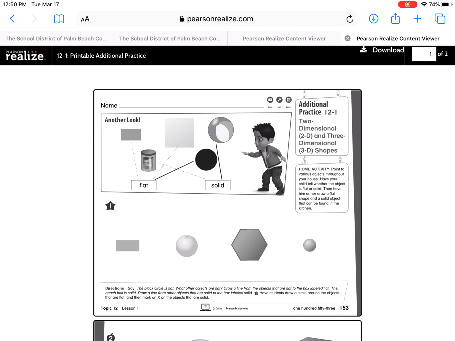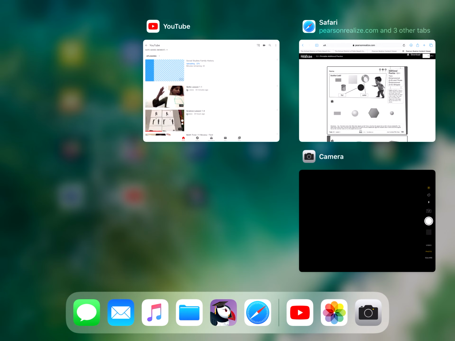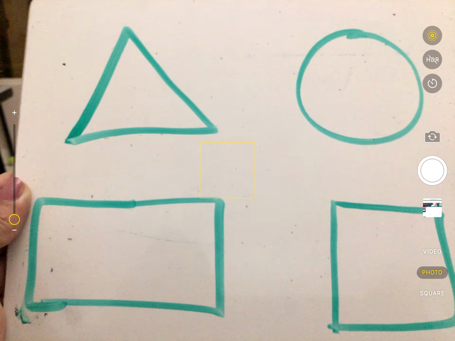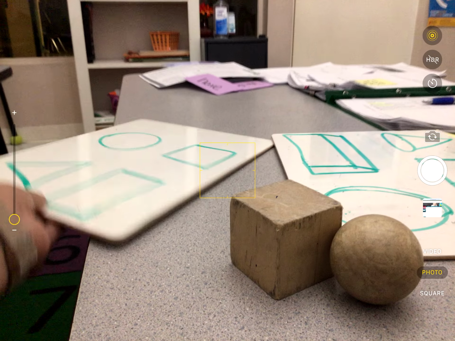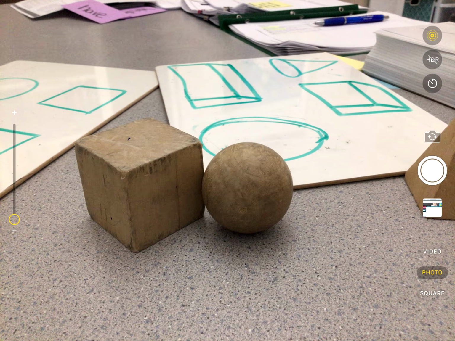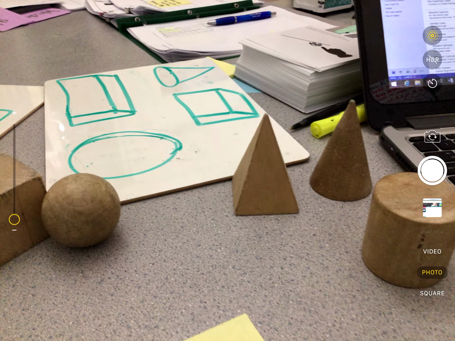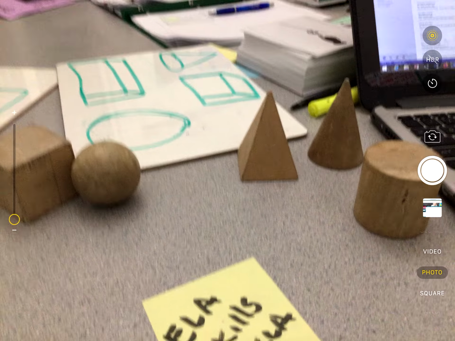Tomorrow I'm going to send you some videos about 2-dimensional and 3-dimensional shapes, okay? Don't worry about learning the names of these 3-dimensional shapes. We're going to go over them. Right now we're only learning flat and solid shapes. So I'm going to show you again with my camera, okay? So you have the flat shapes, and then your solid shapes, which is the cube, the sphere, the pyramid, the cone, and the cylinder, okay?